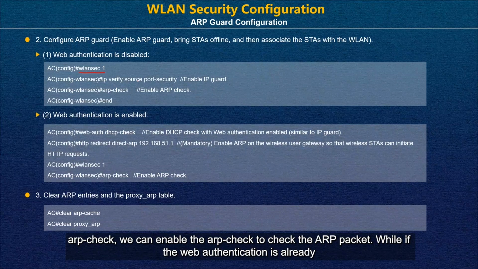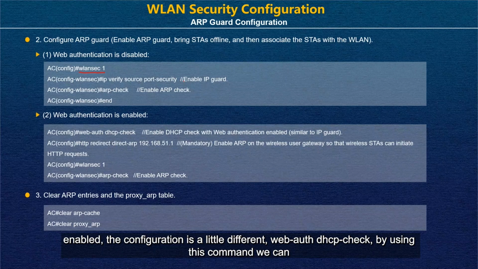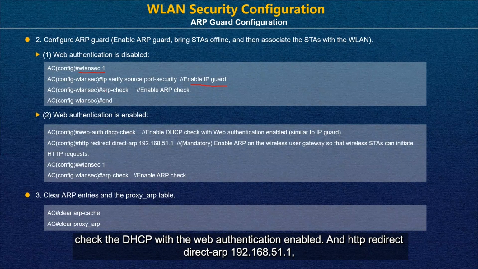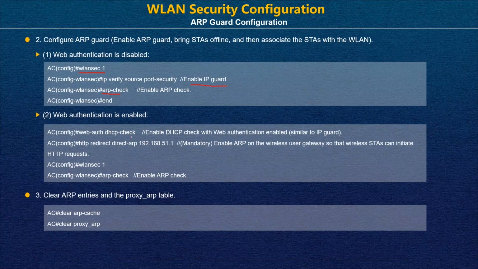While if web authentication is already enabled, the configuration is a little different. web-auth dhcp check. By using this command, we can check DHCP with web authentication enabled. And http redirect direct-arp 192.168.51.1.